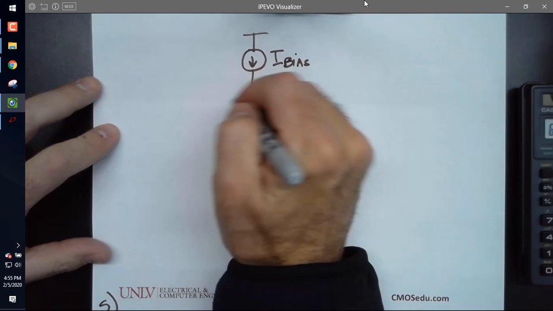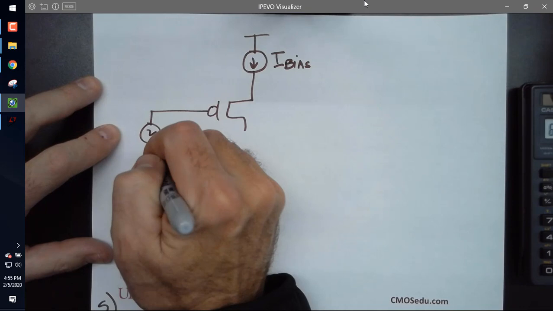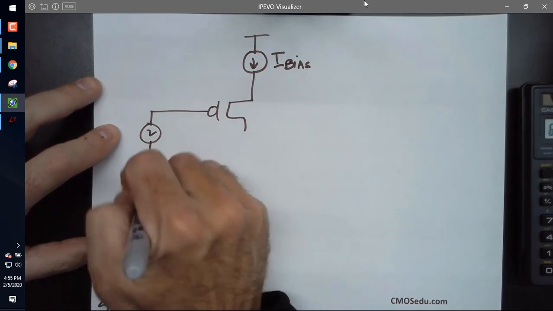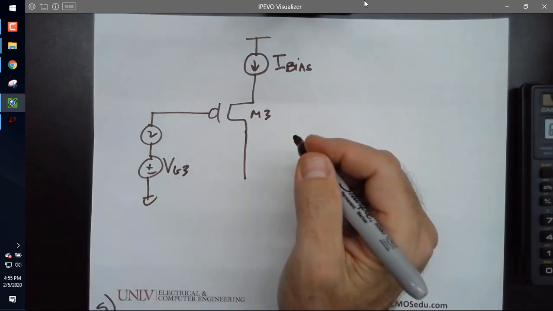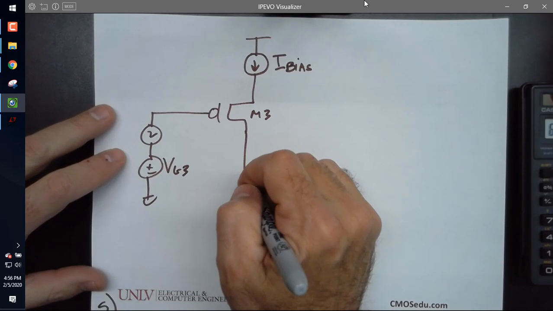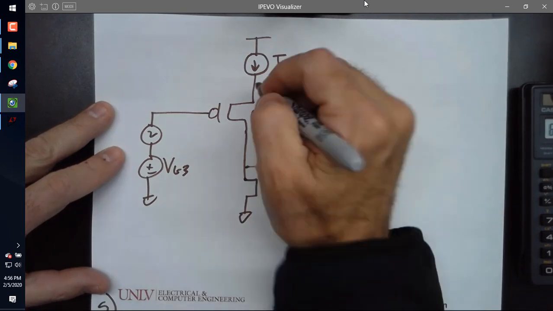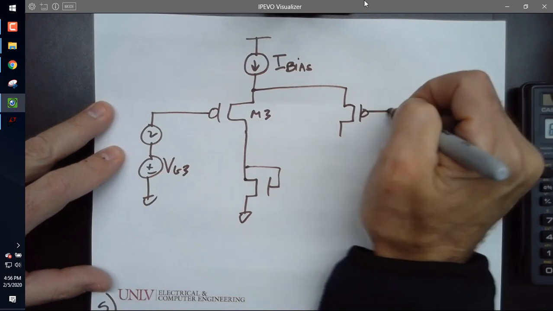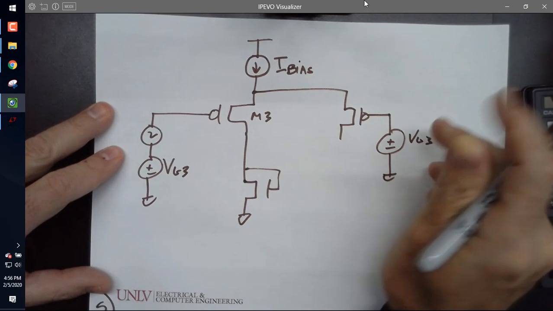And I come over here to an AC and a DC, and I'm going to call this V gate 3. This is M3. I'm going to come down here. Let's just do the same old thing. So V gate 3, V gate 3.